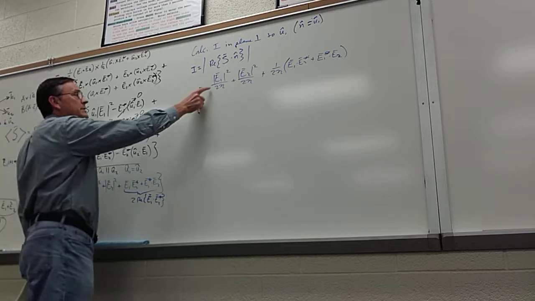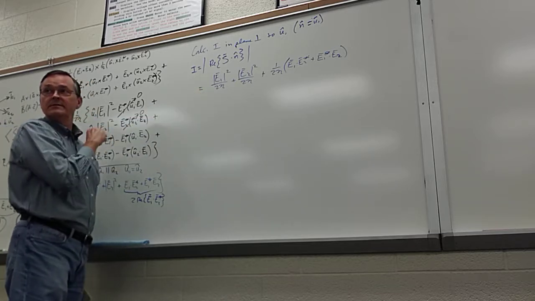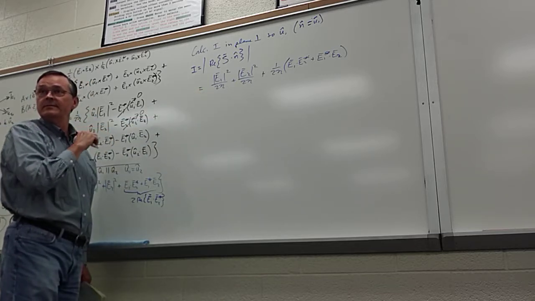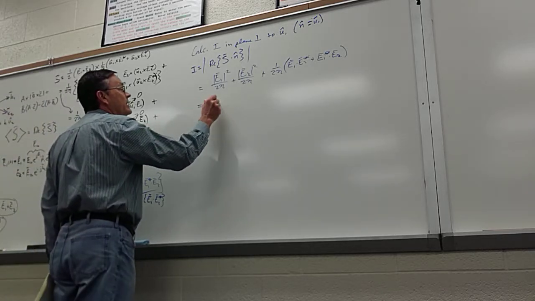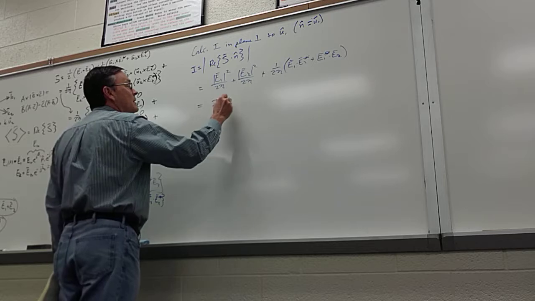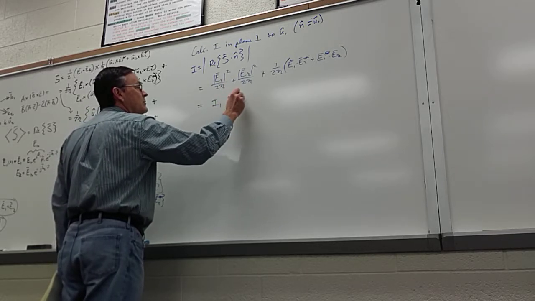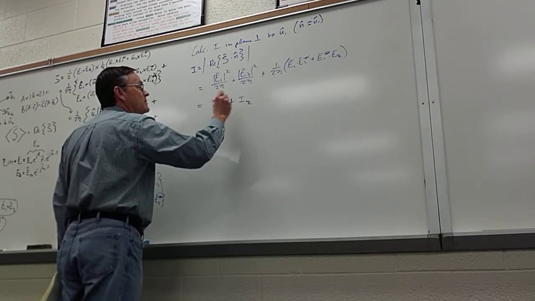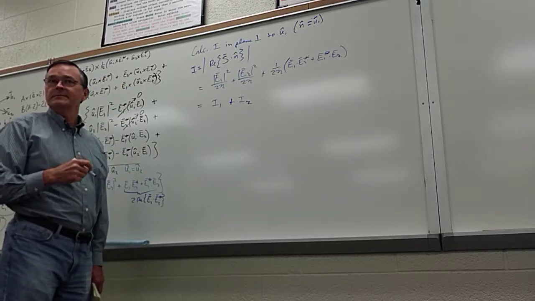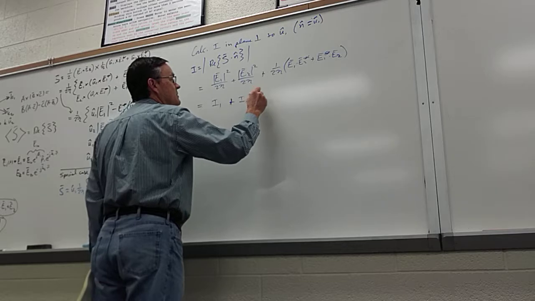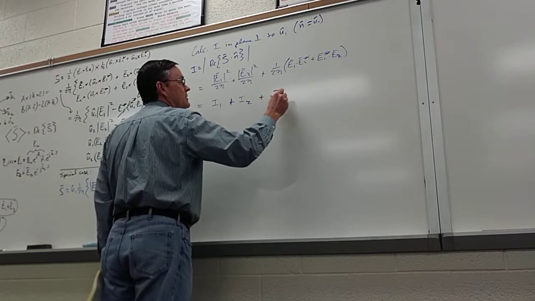Okay, what's this right here? That first term. Just the irradiance. The irradiance of the first beam. And so the second term is just the irradiance of the second beam. So what's the third term? It's the interference term. Let's just give it some name. Call it J12. Doesn't matter.